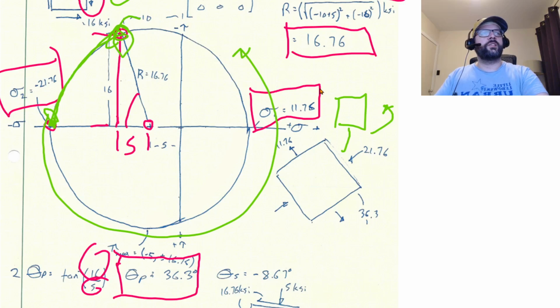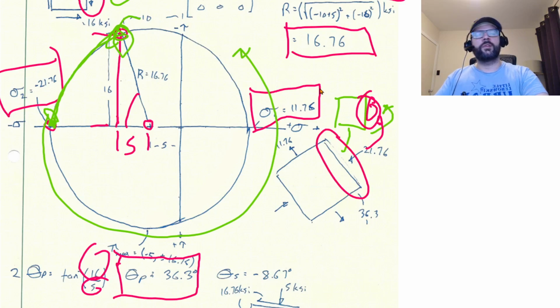So that started out on this face here, and then we rotated it a little bit. So that means this face here corresponds to this face here. So we got the 21.76 ksi on these two faces, and then the other pair has the 11.76 positive tensile stresses on them.